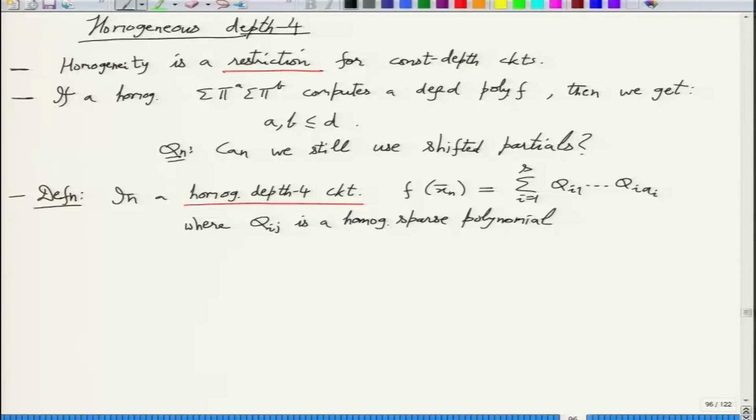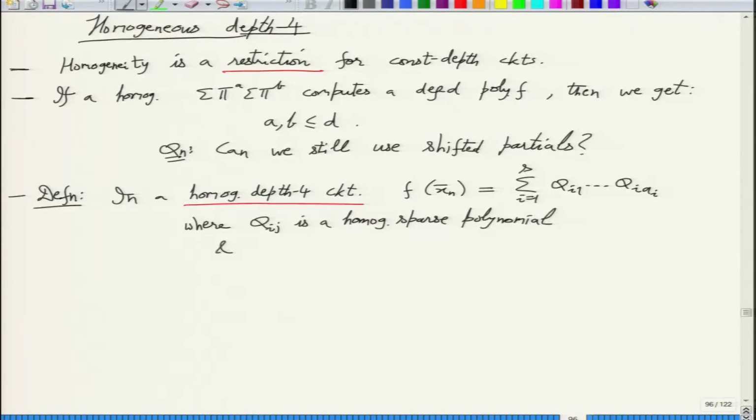So the actual support will be counted in the overall size of the model. Qij's are explicitly given, then you multiply them and add them. That computes f, and the degree of Qij for a fixed i is equal to the degree of f for every i. f also is homogeneous.